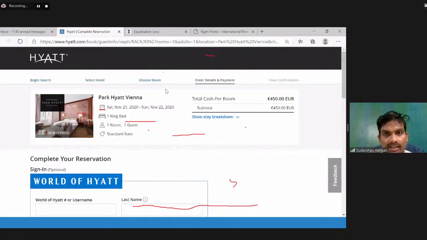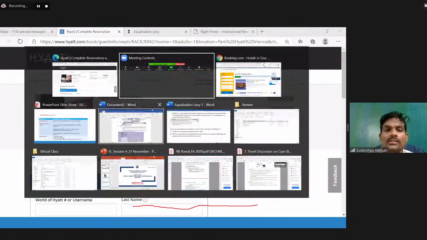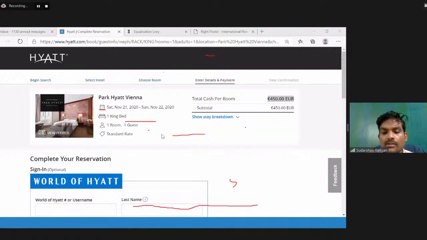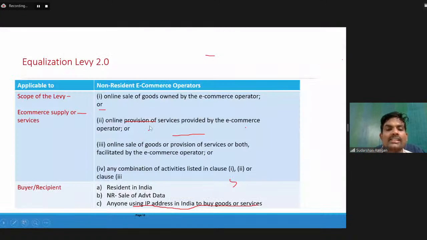I am a buyer, a resident buyer in India, or I'm using an IP address located in India. So like me, you all do this booking. How many people? So we are asking Park Hyatt Austria to pay 2% on this consideration, whatever they have received from India. So this is very onerous, stringent, but that is how the provisions look. So this is equalization levy 2.0.